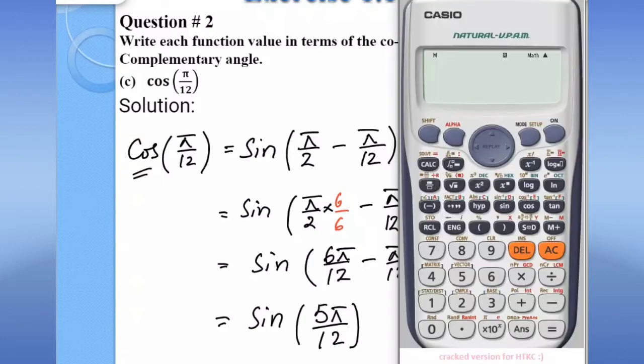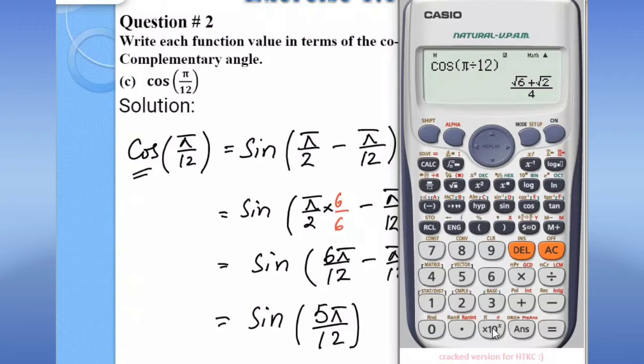Now I would use the calculator to verify my answer. First of all, I will change my calculator into radian mode. Now I will enter the question value, cos pi by 12. So this is cos, shift pi, divided by 12. My answer is square root 6 plus square root 2 divided by 4.